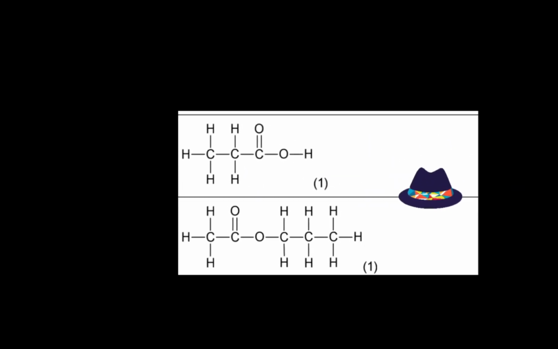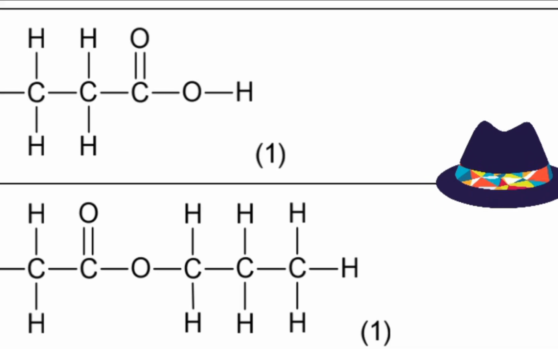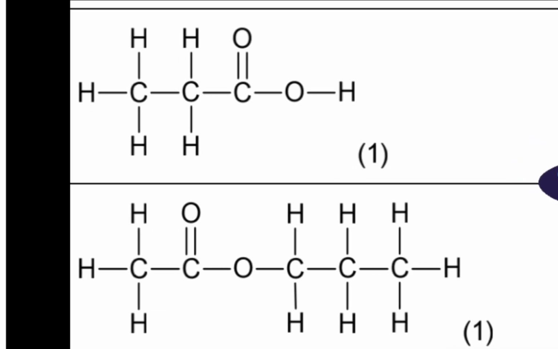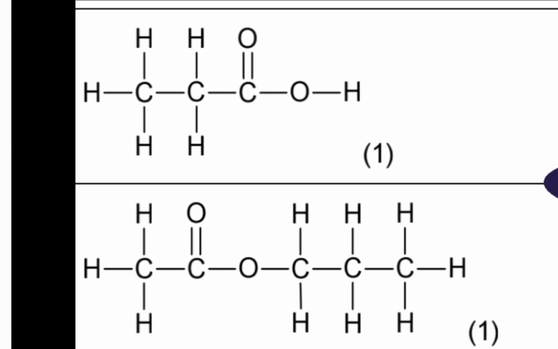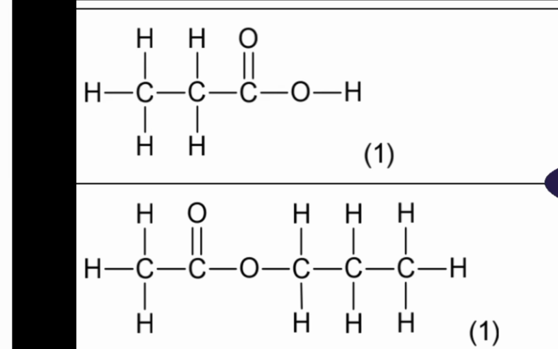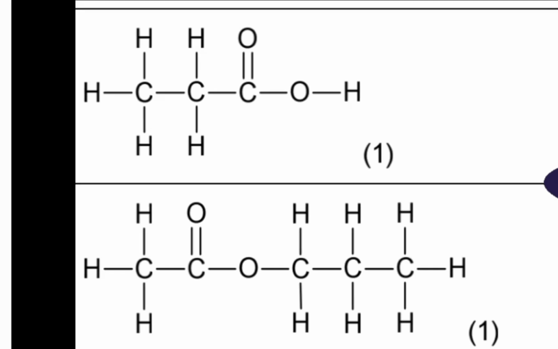So these two structures are for the first and second questions. In the case of propanol, we get propanoic acid, and on the other hand, when it reacts with ethanoic acid, it is converted into propyl ethanoate.